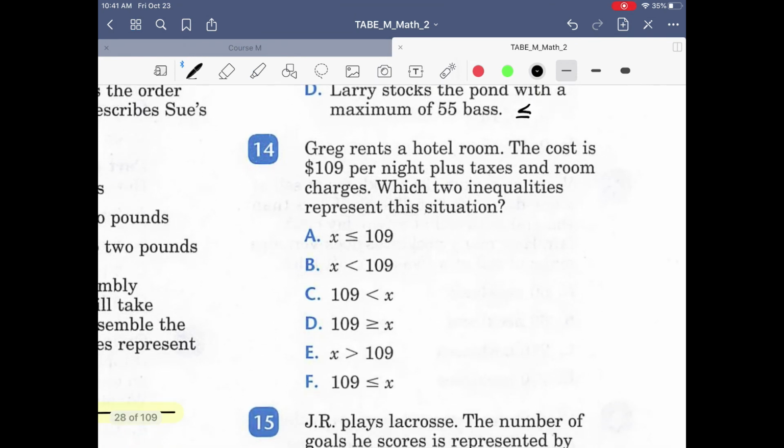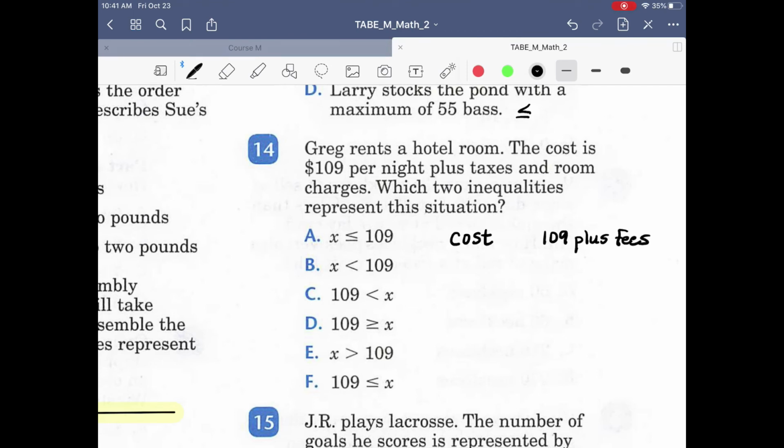Greg rents a hotel room. The cost is $109 per night plus taxes and room charges. Which two inequalities represent the situation? So the cost is 109 plus, I'm just going to say fees.